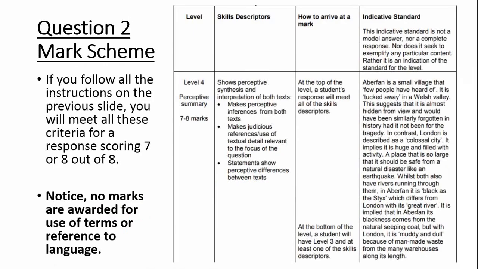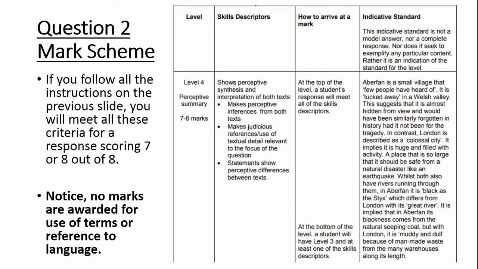So first of all, if you think about the mark scheme, well, the first thing to say is if you follow the instructions on the previous slide, you'll meet all the criteria for a response scoring 7 or 8 out of 8, i.e. in the top band. Now notice, as I said before, that there is absolutely no reference, no marks are awarded for use of terms or reference to language.